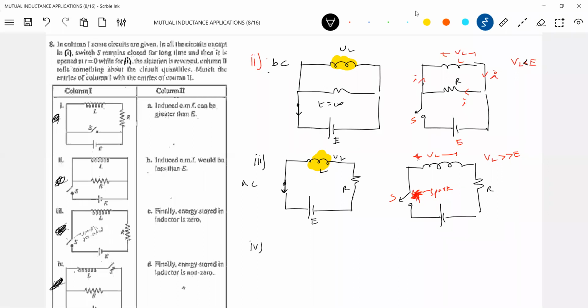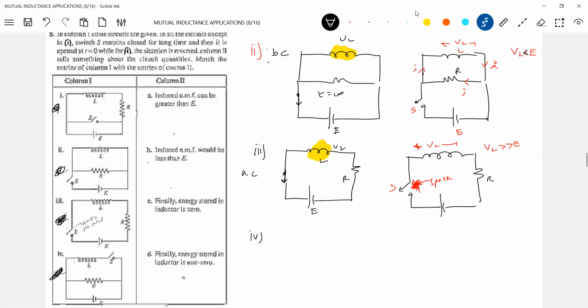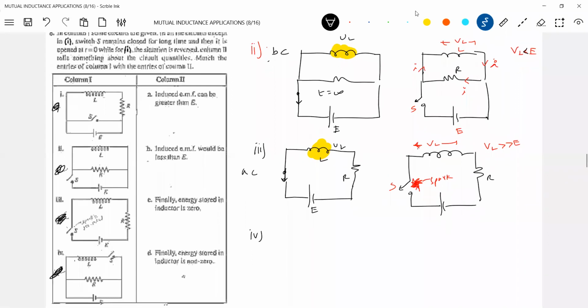The fourth option. There will be some energy present in the inductor initially, UL. I'm going to open this switch.